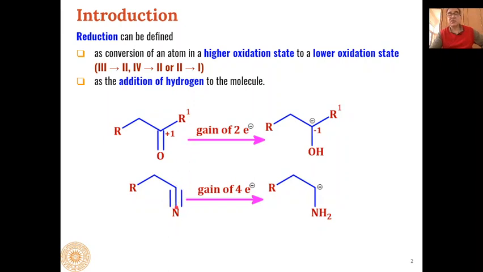Similarly, in this example, this is a carbon-nitrogen triple bond, and nitriles are converted into amines by gaining 4 electrons, and here also there is addition of hydrogen, therefore this is an example of a reduction reaction.